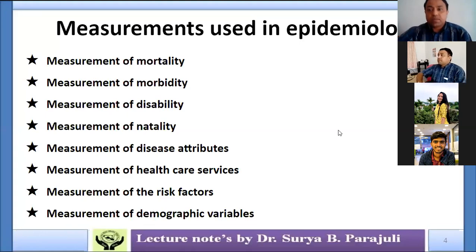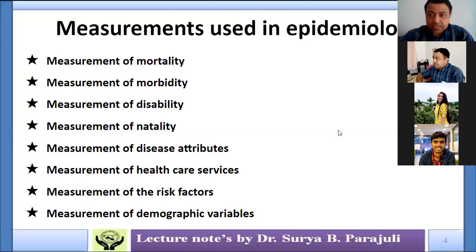Now, there are so many mathematical terms: frequency, prevalence and incidence, distribution, time, place, and person, and determinants. So for that, we need to use some statistical tool or mathematical tool. On your screen, you can see measurements used in epidemiology. We have different measurements of morbidity.